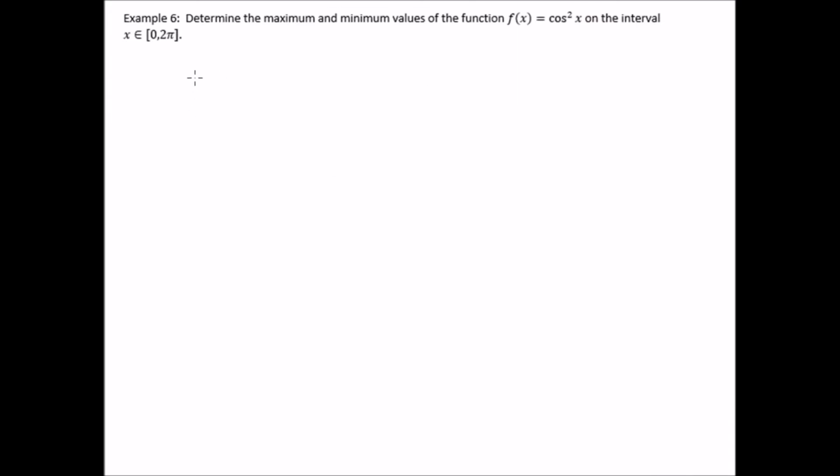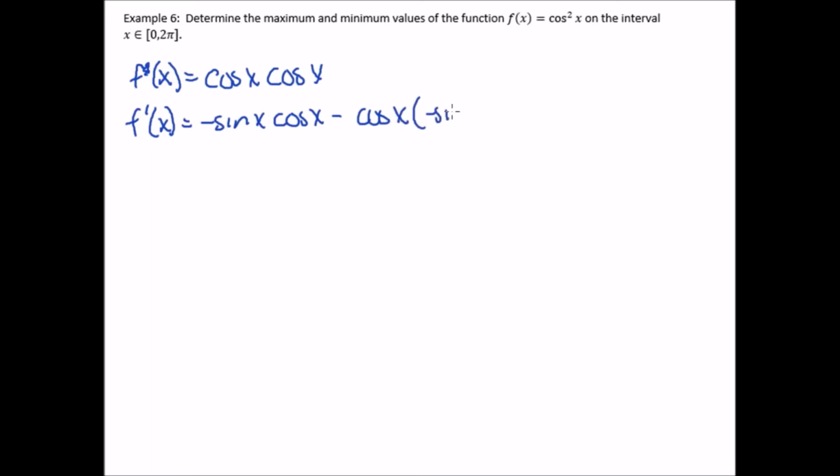Okay, determine the maximum and minimum values of f of x equals cos squared x on the interval 0 to 2 pi. Okay, so let's rewrite f of x as cos x times cos x. And now I'm going to do product rule. So derivative of the first, which is negative sine x, times the second, minus the first as it is, times the derivative of the second.